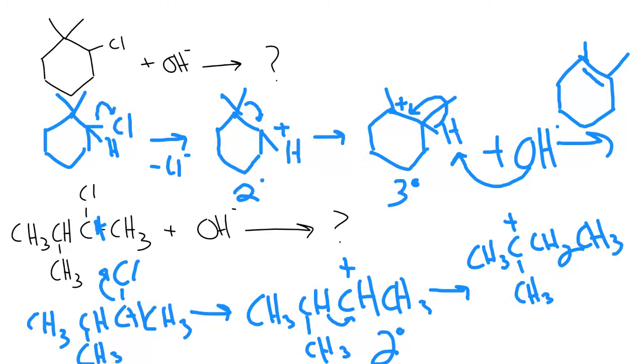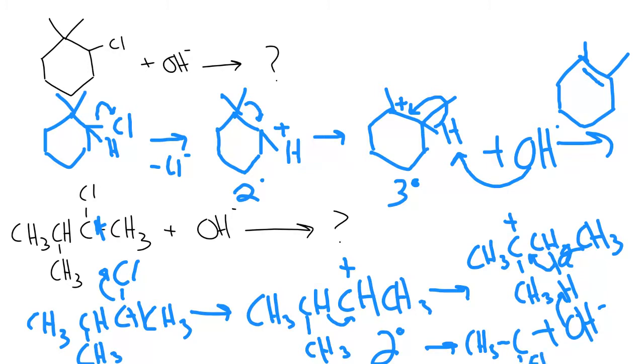Okay, so, and then the reaction can proceed from there again. Take that hydrogen, these bonding electrons will go here, and then I'll have product. I'm sorry, this is so messy, but you get the point.